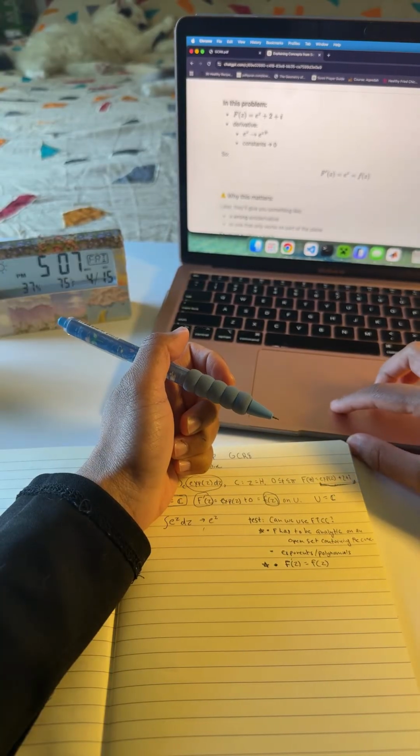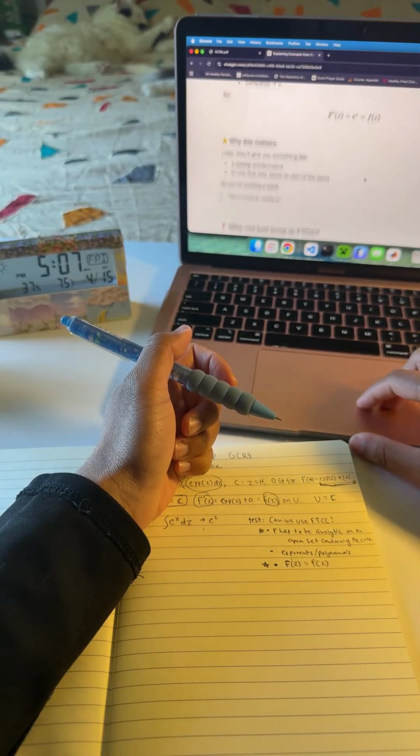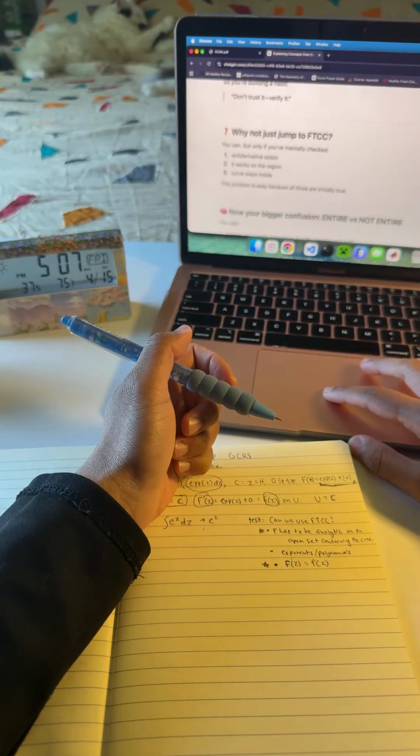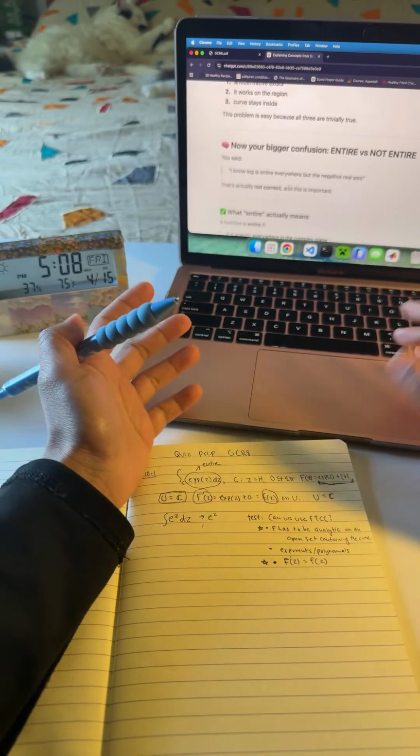So in this problem, the derivative is the same. Constants are 0. So yeah, you have to check if the antiderivative exists and if it works on the region, if the curve stays inside. The problem is easy because all three are trivially true.